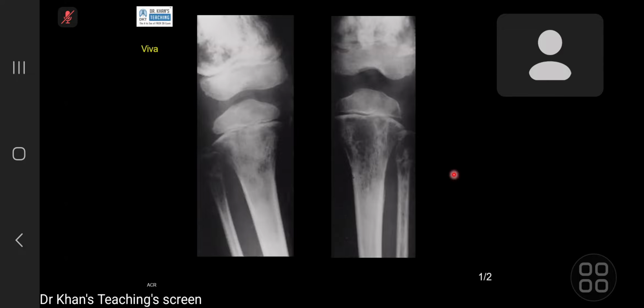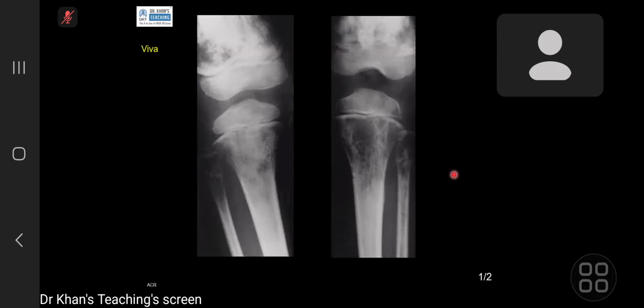This is the left fibula. There is a line, maybe a fracture line, I am not sure, seen in the proximal end of the fibula.